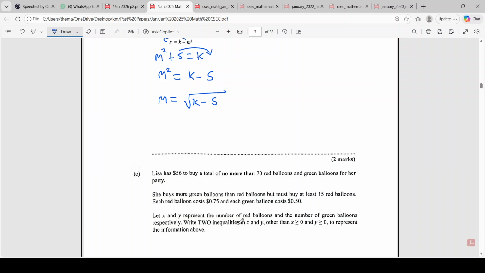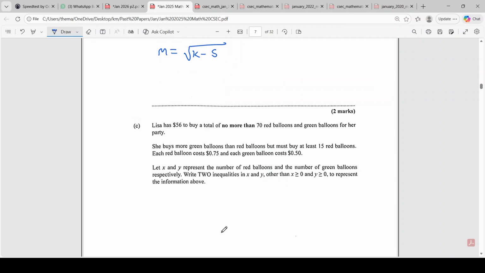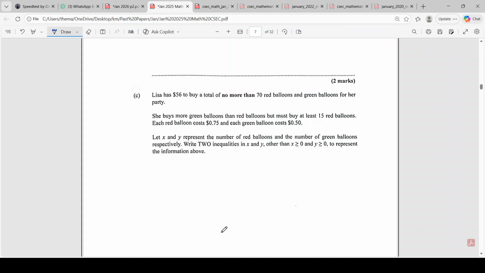Write two inequalities in X and Y, other than X greater than or equal to 0 and Y greater than or equal to 0, to represent the information above. Right, so they say to come up with 2. Now I see 4 here. So she has $56 to buy a total of no more than 70. Red is what again?